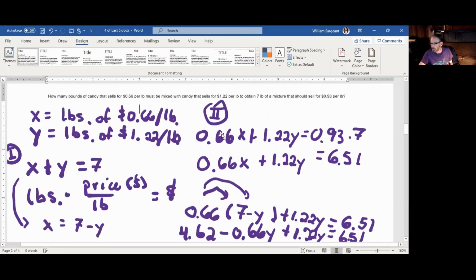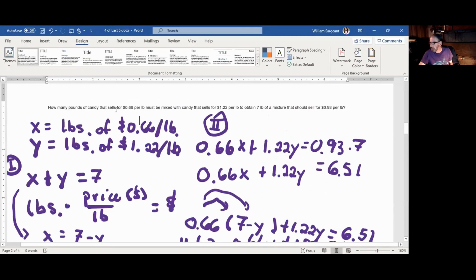And that could have been expected right from the beginning, because the mixture's price of 93 cents is 27 cents away from the 66 cents per pound, while the price of the mixture is 29 cents away from the $1.22 per pound candy.